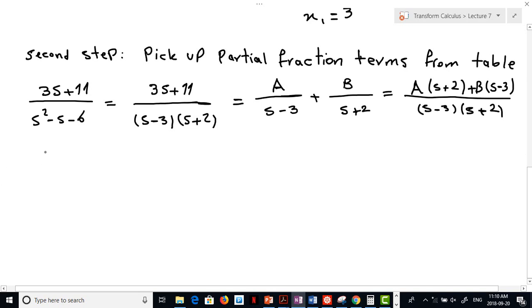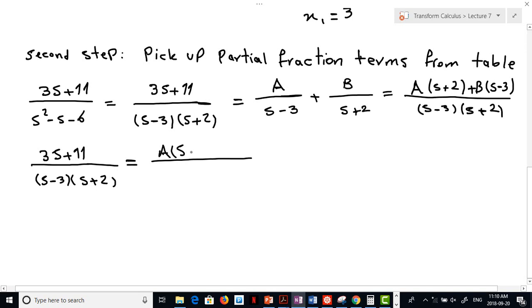So now we have two fractions. They are equal. 3s plus 11 over s minus 3 times s plus 2 is equal to A capital times s plus 2 plus B capital times s minus 3, divided by s minus 3 times s plus 2.